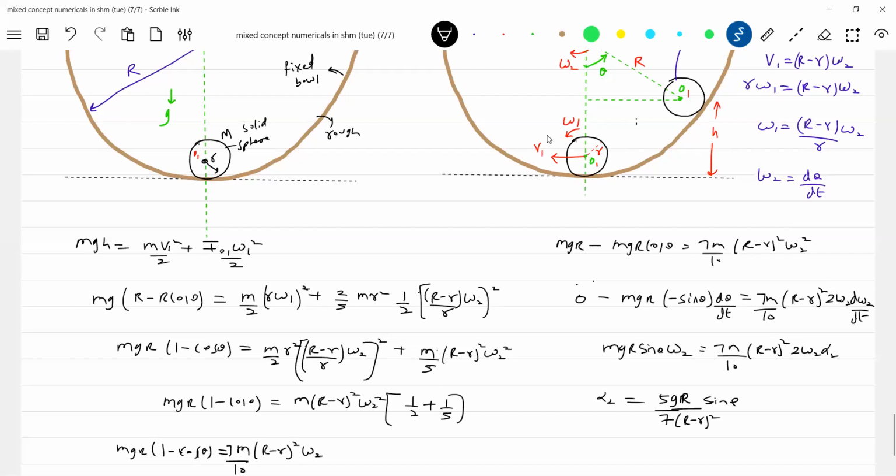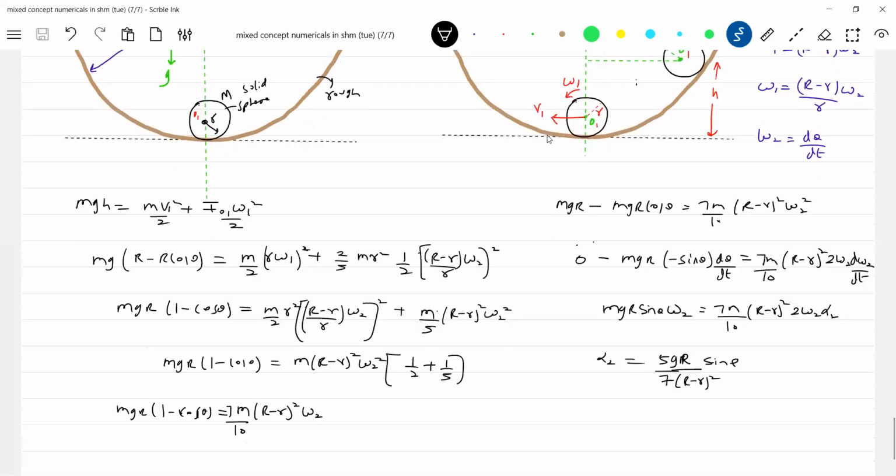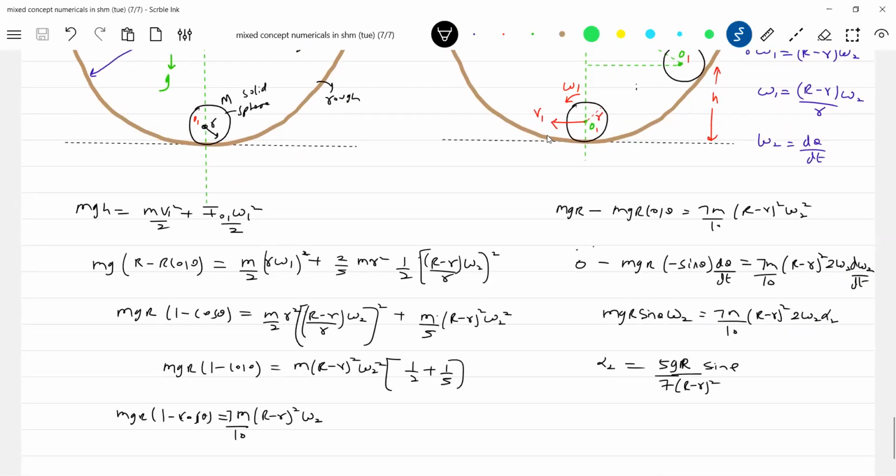Check once. So theta very small, sine theta will become theta.